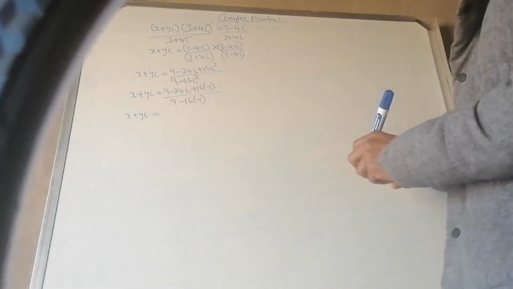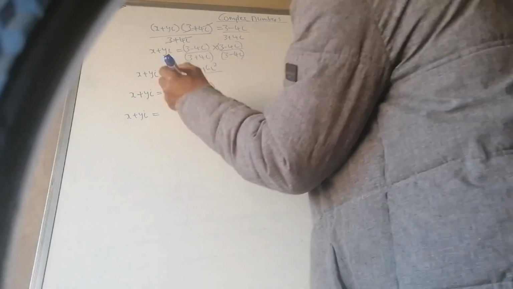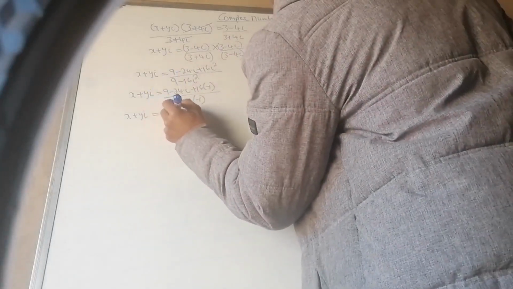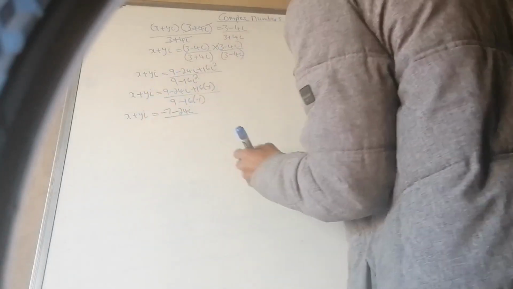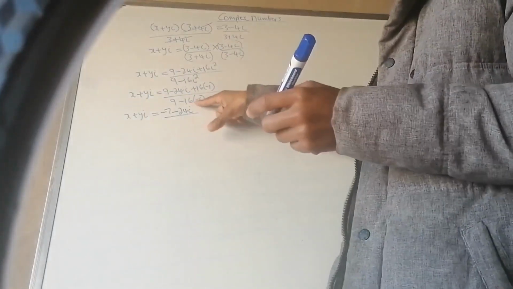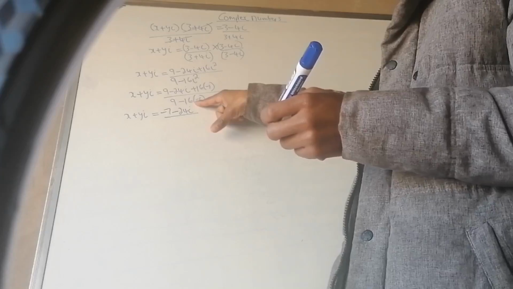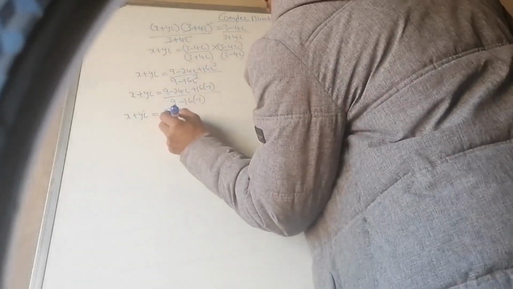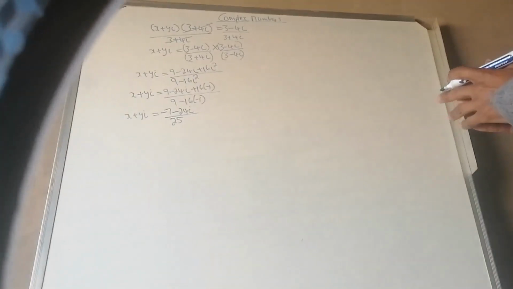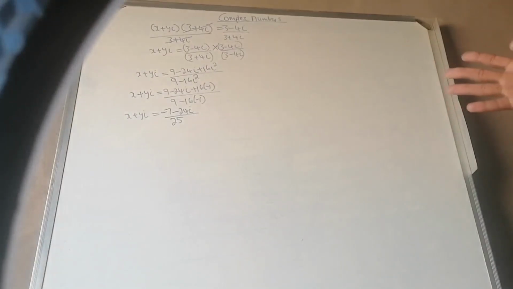So we have minus 7 minus 24i divided by 9 plus 16, which is 25. And that is x plus yi equals (minus 7 minus 24i) over 25.